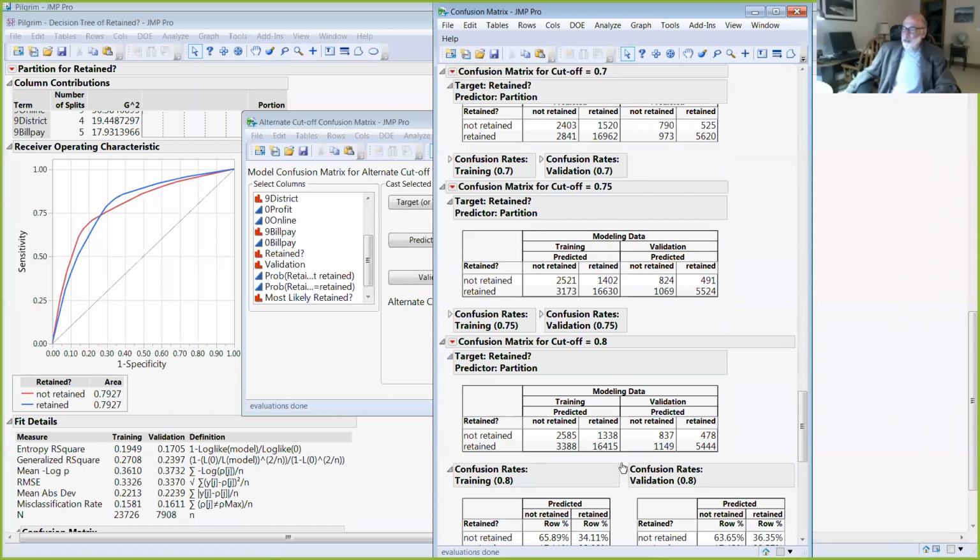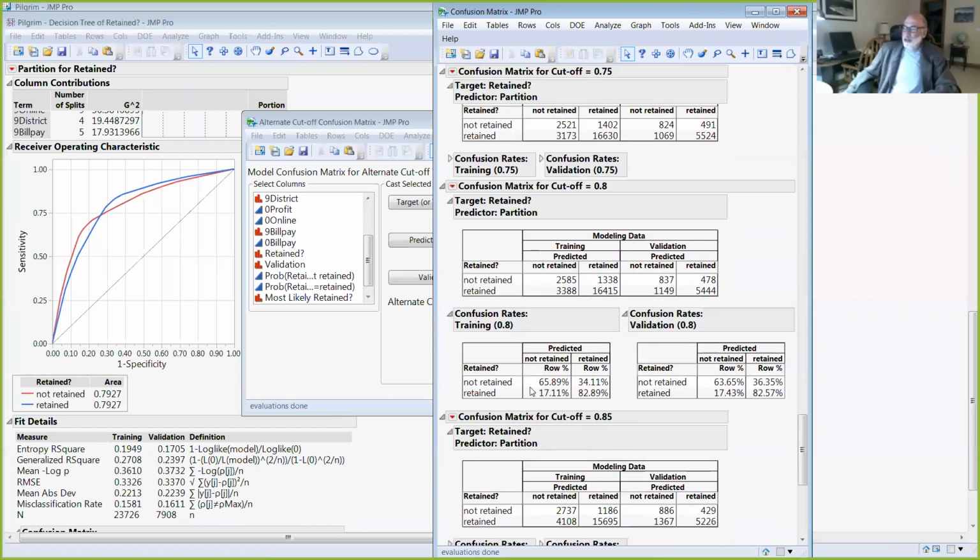Using an 80% cutoff, of those that we actually retained, we would wrongly predict that 17% would not be retained. But of those that were not retained, we're still predicting 34% of them would be retained, and then we don't do any free offer. We lose that customer. That means I think we probably don't want to be making that many mistakes.